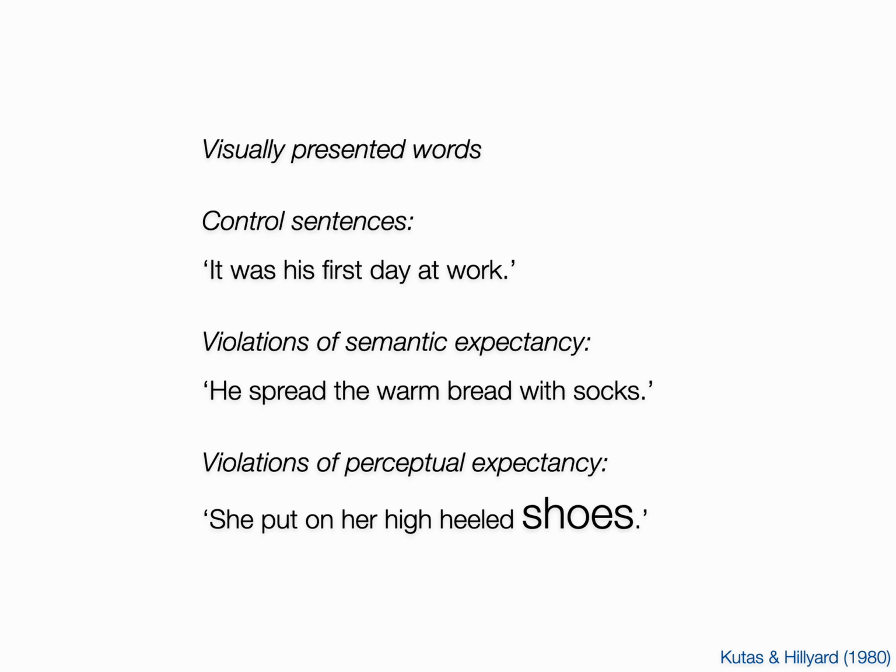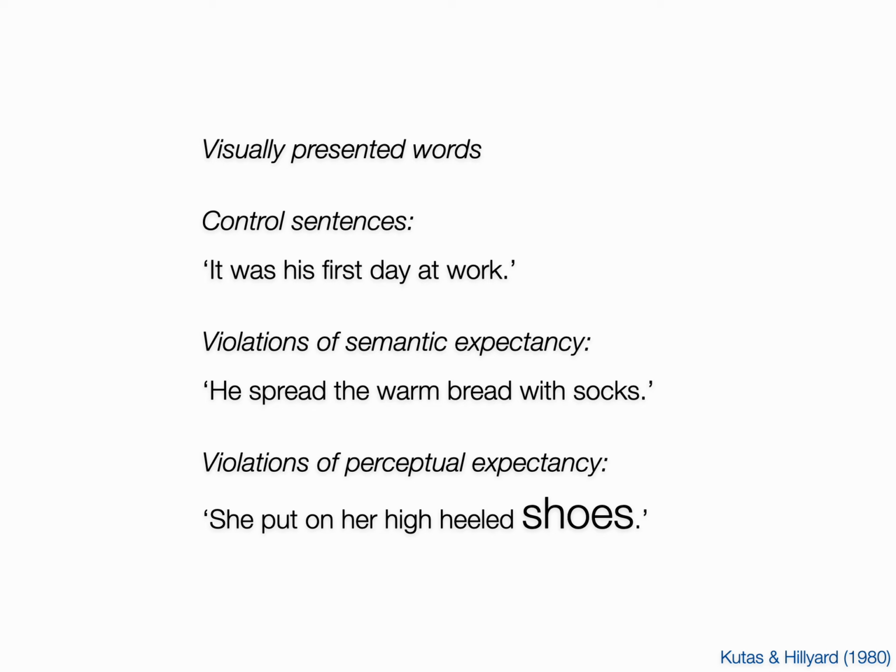This study by Marta Kutas and Stephen Hilliard in 1980 is one of the first using ERPs in language processing. They had three conditions: control sentences like "it was his first day at work," violations of semantic expectancy like "he spread the warm bread with socks," and violations of perceptual expectancy like "she put on her high-heeled shoes."